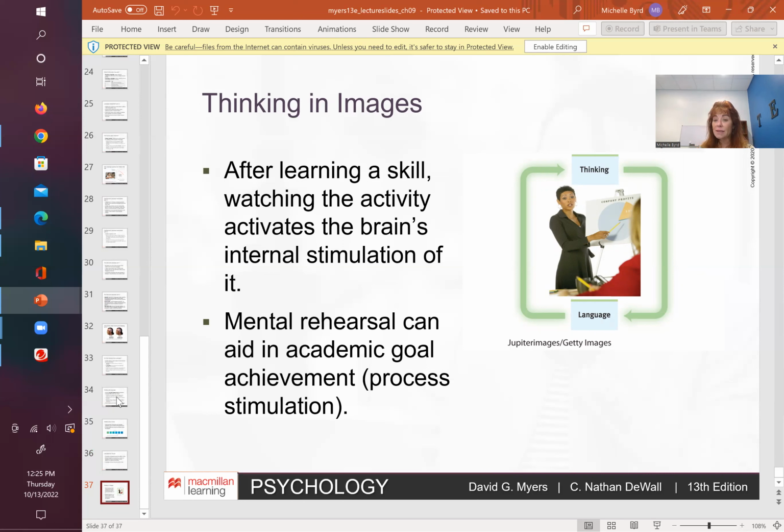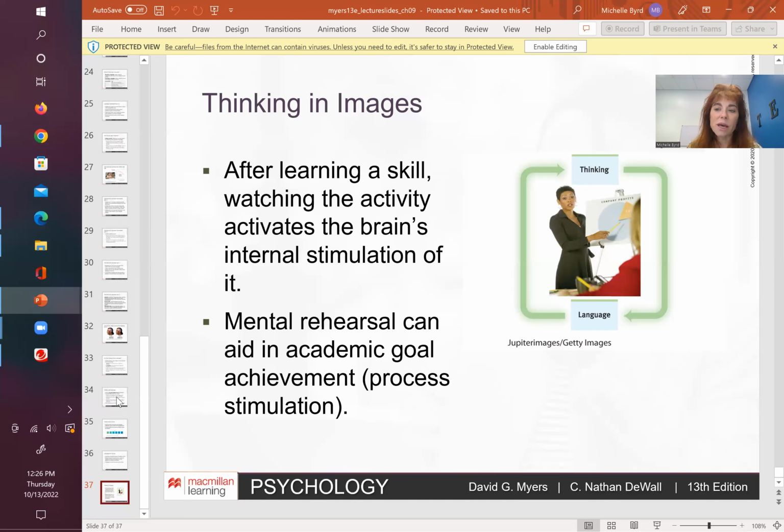And what that does too is it causes us maybe to think about that in a new and different way, or we start to make connections, again that scaffolding with other ideas or other images. Mental rehearsal can aid in academic goal success, process simulation.